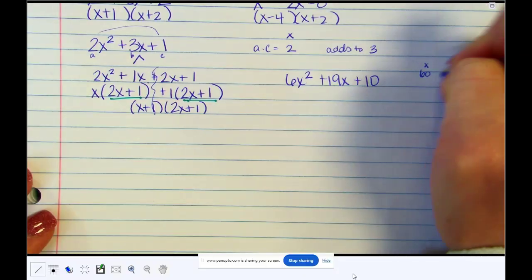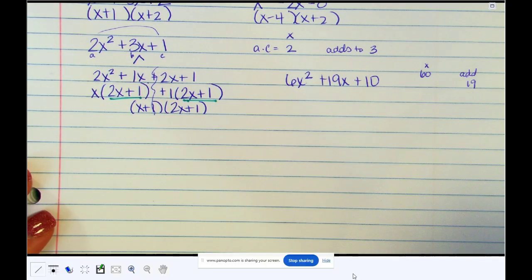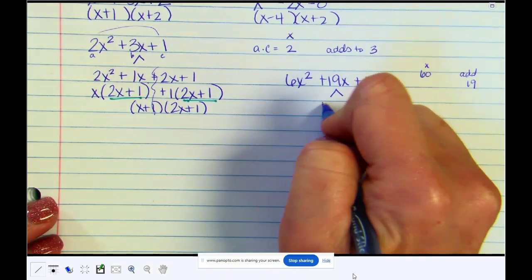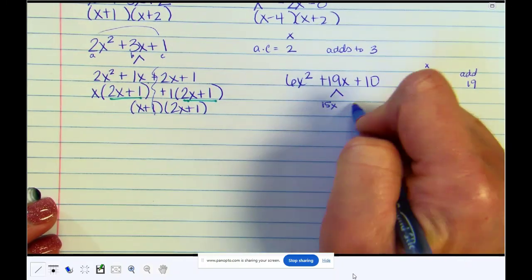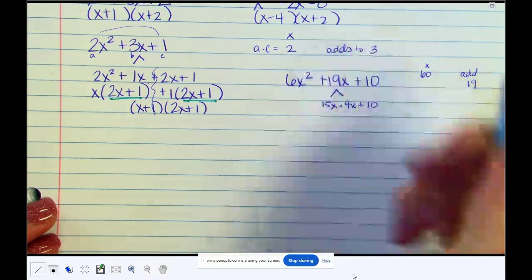So you're looking for something that multiplies to 60 and adds to 19. 15 and 4. Okay, 15 and 4. This middle, it doesn't matter which order you put them in, it will work out. Okay, 15 and 4 is 19.